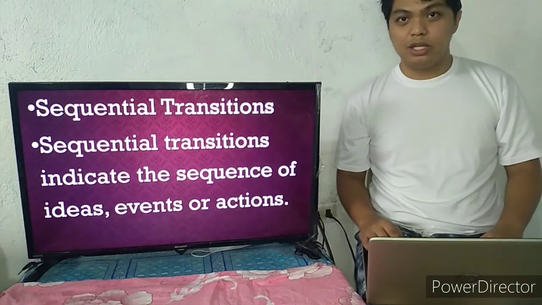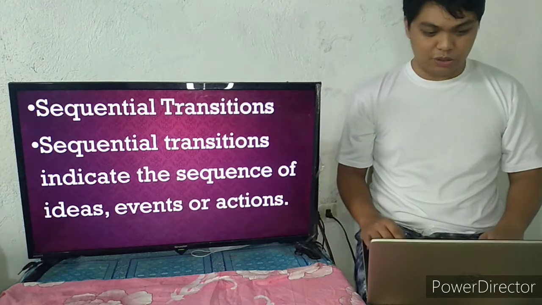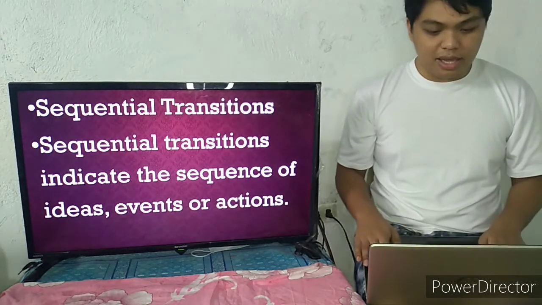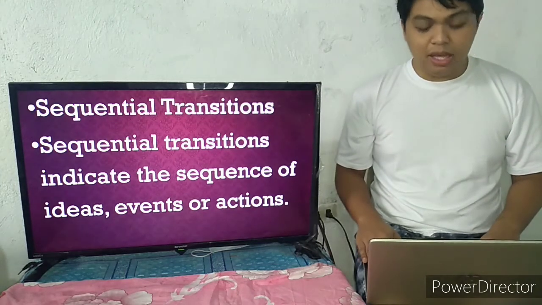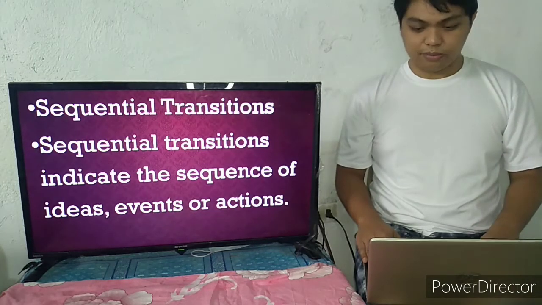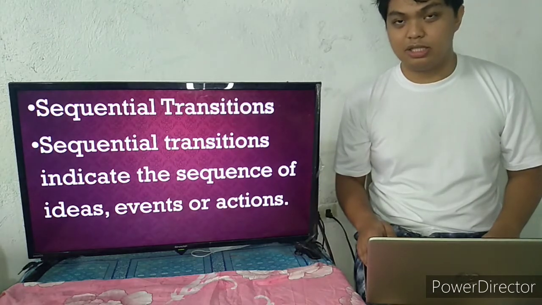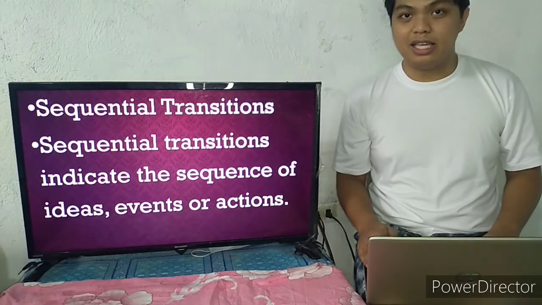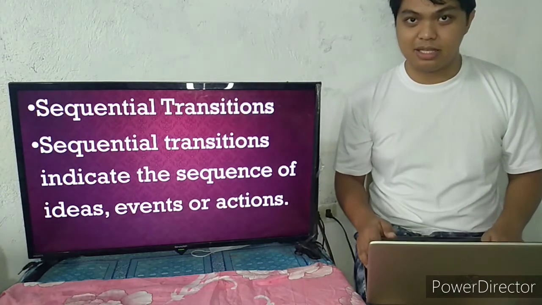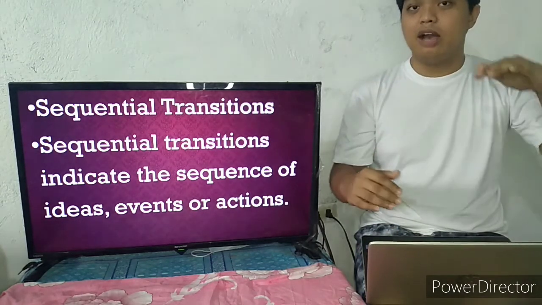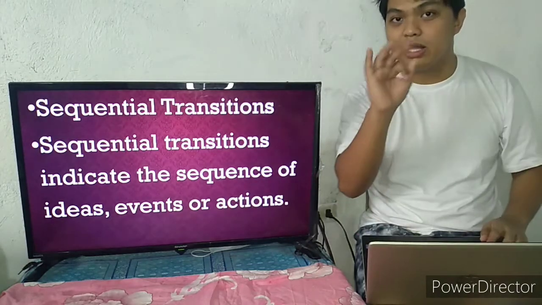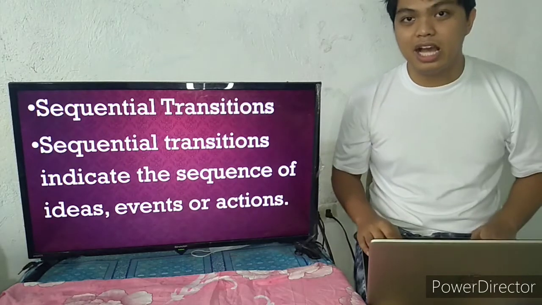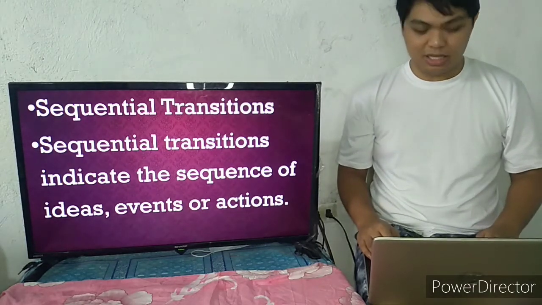Number 4 is sequential transitions. Okay? Sequential transitions indicate the sequence of ideas, events, or actions. Napakasimple ng sequential transitions. Ito yung pagkakasunod-sunod lang ng idea sa isang sentence. So, for example, sa isang sentence, meron kang tatlong idea na kailangan mong pagdugtong-dugtungin. So, kailangan mo ng sequential transition.